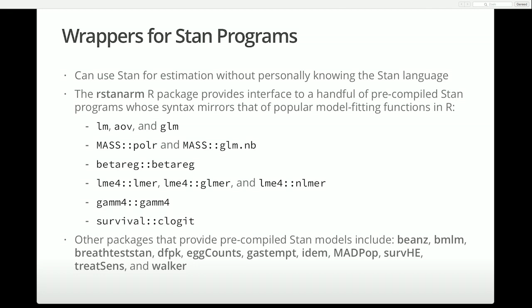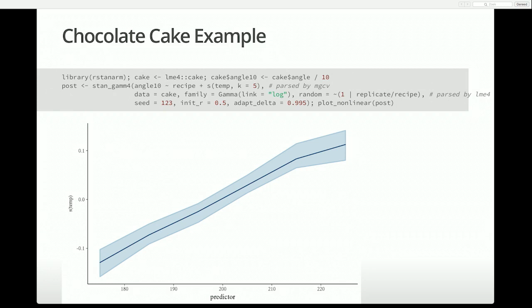Anyway, RStanARM emulates the syntax and carries over the likelihood function for a bunch of popular functions that are already in R, adds some arguments for priors, uses RStan to draw from the posterior distribution, and other people that are not me have followed the same path, as you can see at the bottom here, providing other packages that wrap other Stan models that are already precompiled and ready to go.